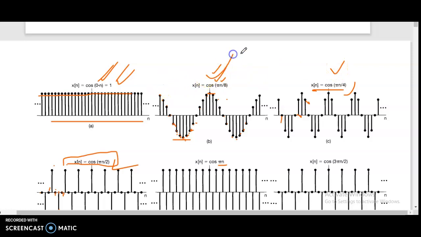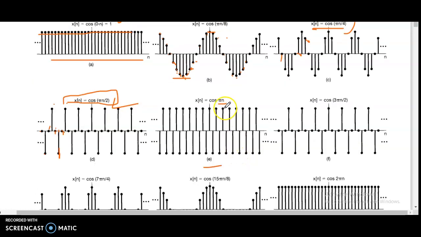Pi n multiplied and divided by 8. Pi n multiplication divided by 4 in cos. And all are cos only. So here pi n multiplied and divided by 2 in cos. Okay. Then here in pi n only, so 1 minus 1, 1 minus 1, plus 1 minus 1, and go on.